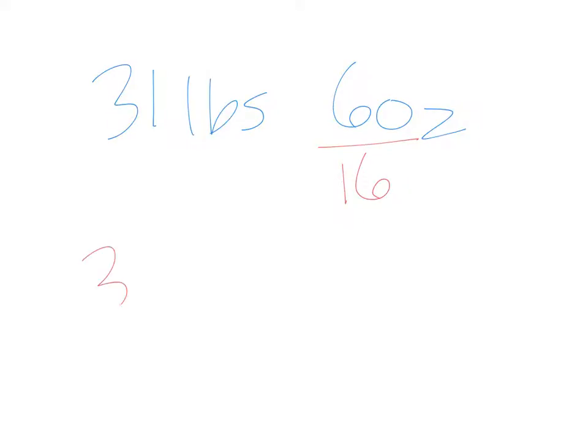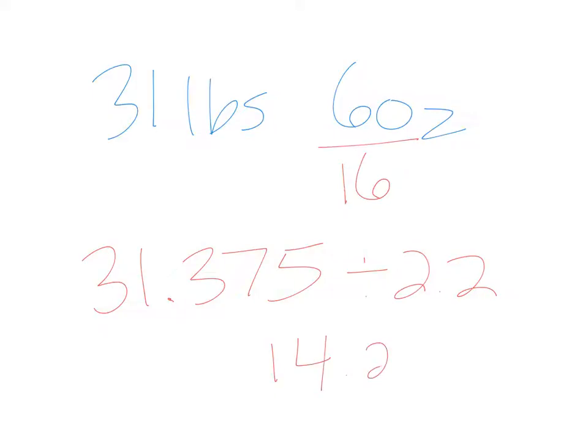This person's going to be 31 pounds and some decimal behind it, so it's 31 point something. So we take that 6 divided by 16. So this person is 31.375 pounds. It's that number I will use to divide by 2.2. When I do that, to get to kilograms, they are about 14.26 kilograms.